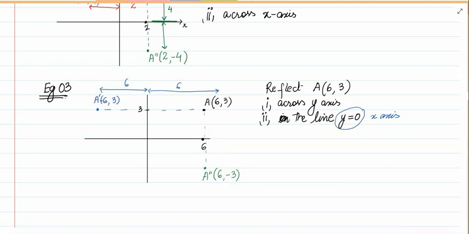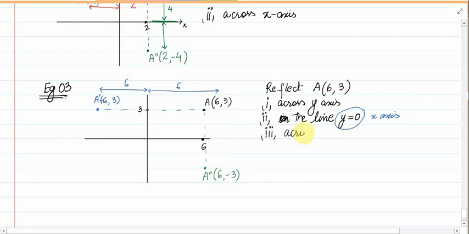Now I am going to add the third part here. If I say reflect across the line x is equal to 4. Now the line is x equal to 4 in this case.